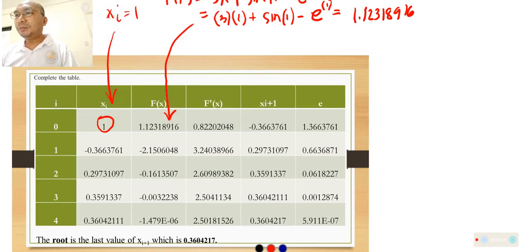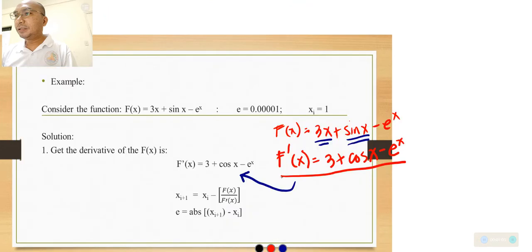Our next column is for the derivative f prime x. So what is our f prime x? That is equal to 3 plus cosine x minus e raised to x. That is this equation.